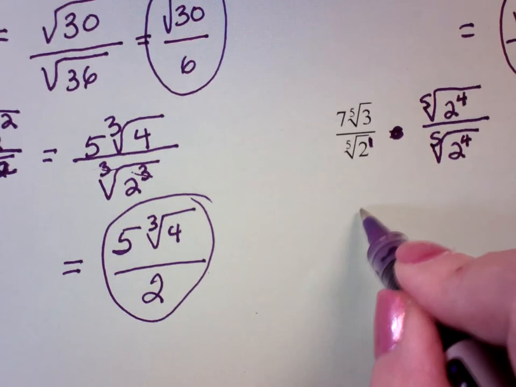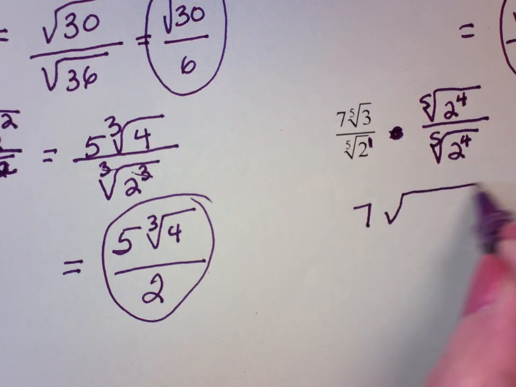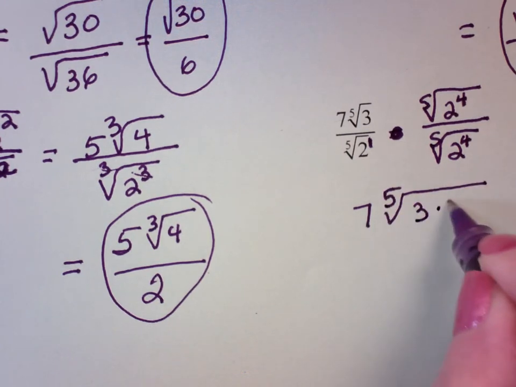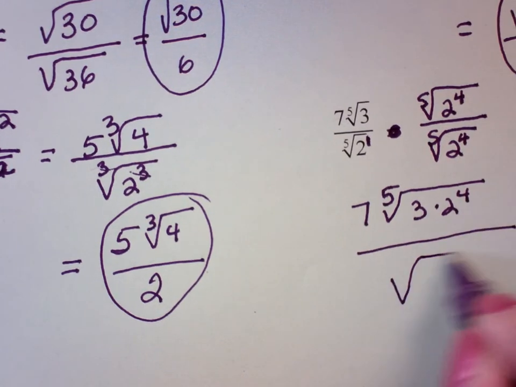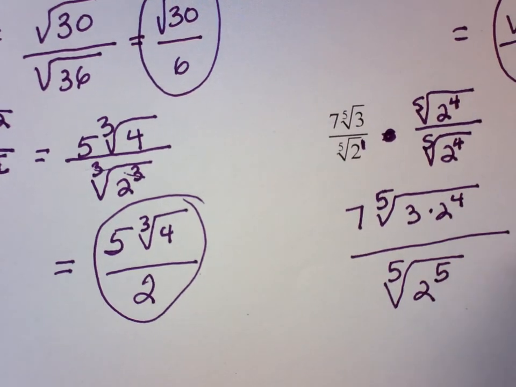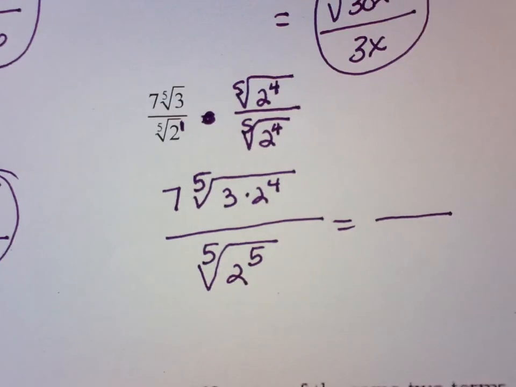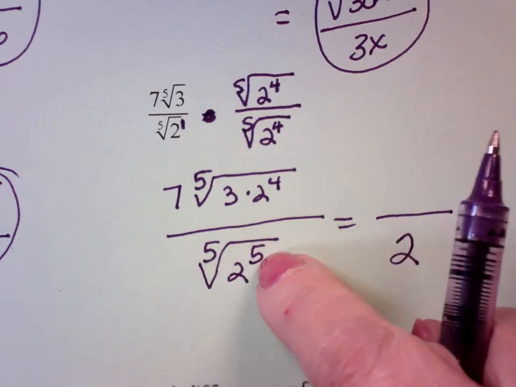So this becomes 7 times the 5th root of 3 times 2 to the 4th over the 5th root of 2 to the 5th. The 5th root of 2 to the 5th is just 2, because the 5's cancel each other out.